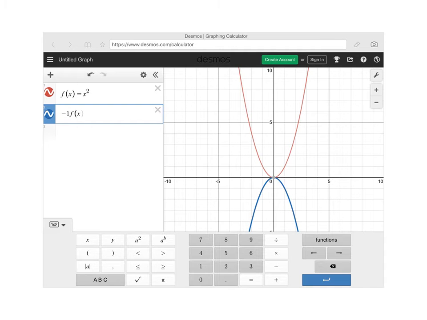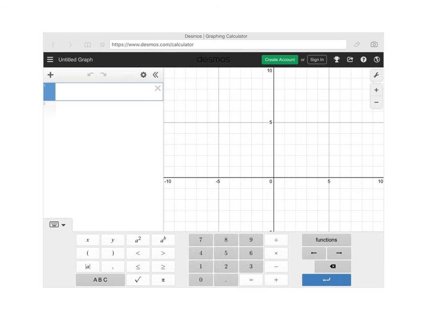Let me undo this writing, because the next slide is going to ask what happens if instead of the output, I now multiply the input. I just wanted to change one thing.